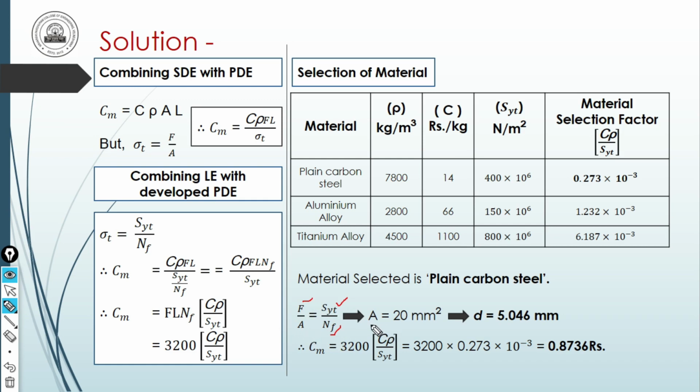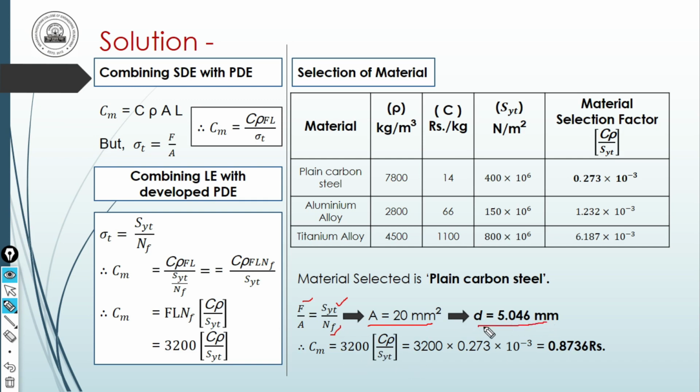So when we solve this equation, we are getting area as 20 mm square, and we know that area can be written as pi by 4 d square. So using that formula, we are finding out the diameter of the rod or bar as 5.046 mm.